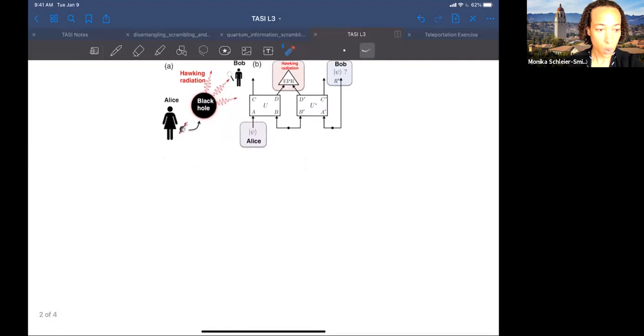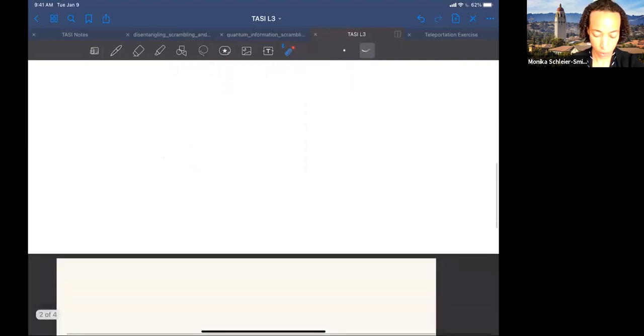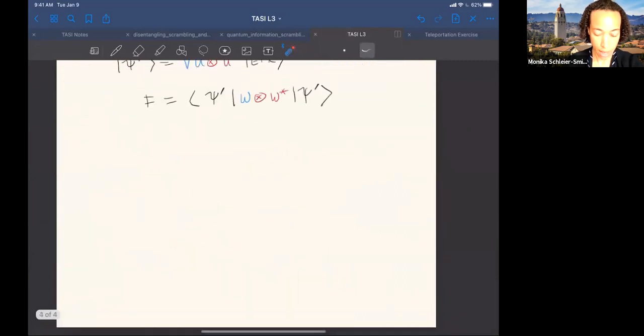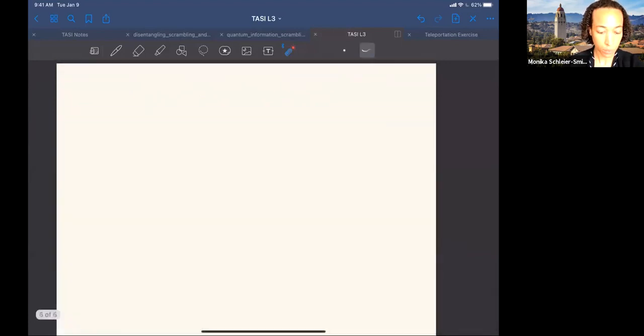Okay, so let me scroll to a blank page, and let's sketch that circuit for ourselves one more time. So the idea is that we have Alice's state A, and this is Alice's black hole.